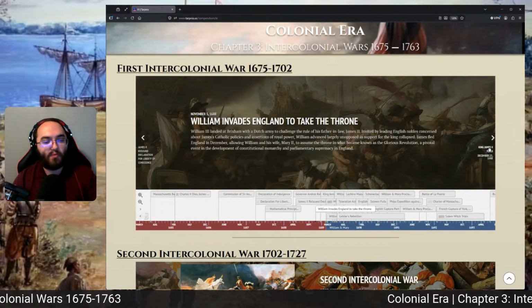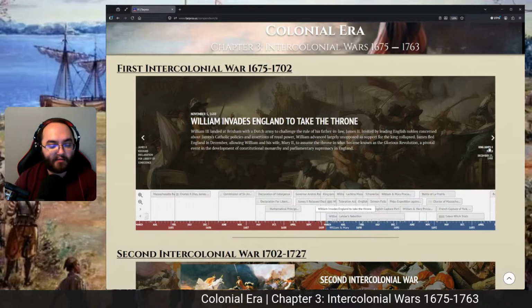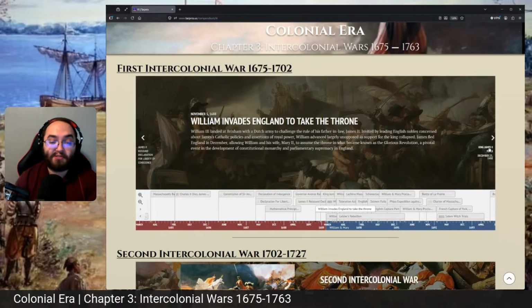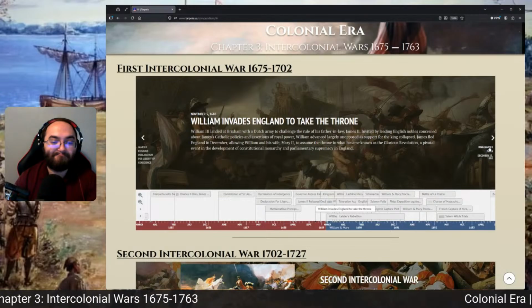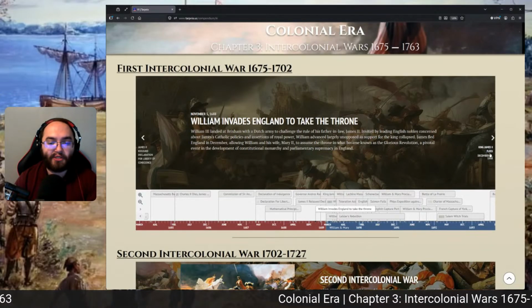William, that is William of Orange, will invade England to take the throne, and he arrives with a Dutch army, which is not good, to challenge the rule of his father-in-law, James II.